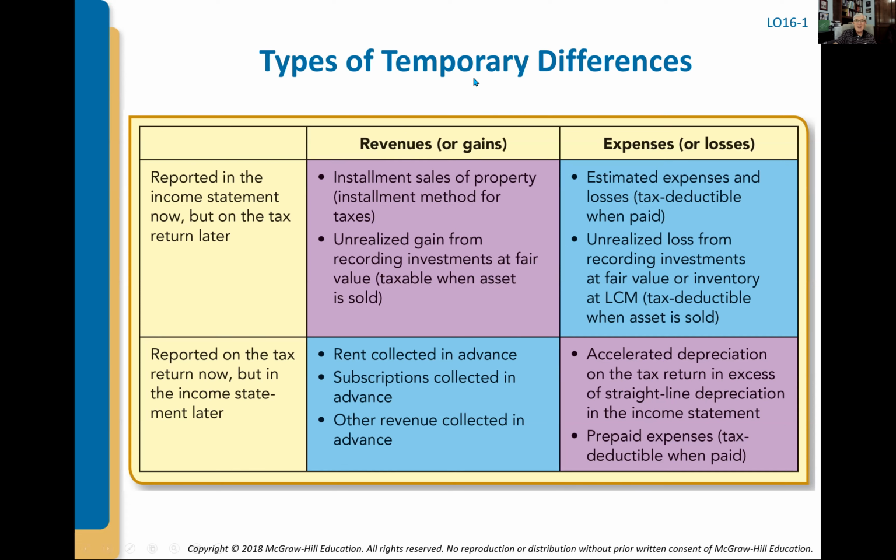But keep in mind, temporarily have paid less. In the future, we'll pay more. These taxable amounts will come back to bite us. We'll pay them later. So when the taxable income is lower than the books, that's going to reverse around. I've got a deferred tax liability. So these purple ones become DTLs, and these blue ones become DTAs.